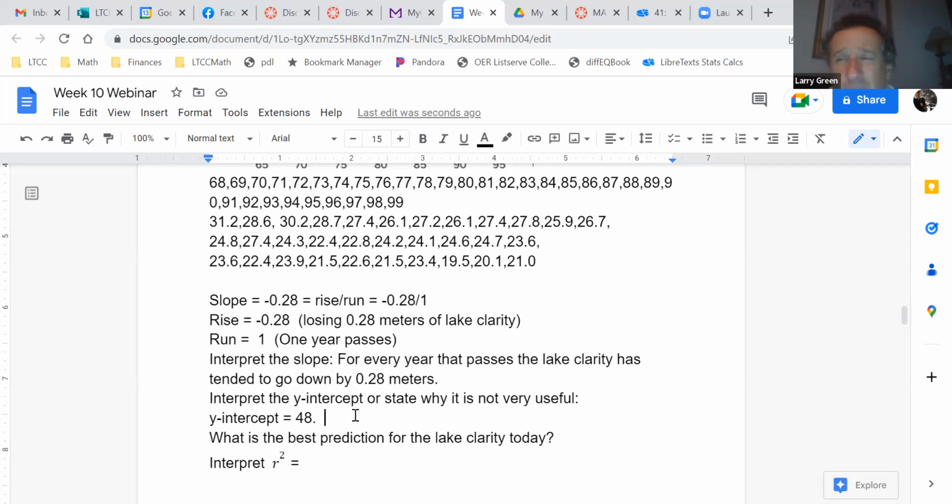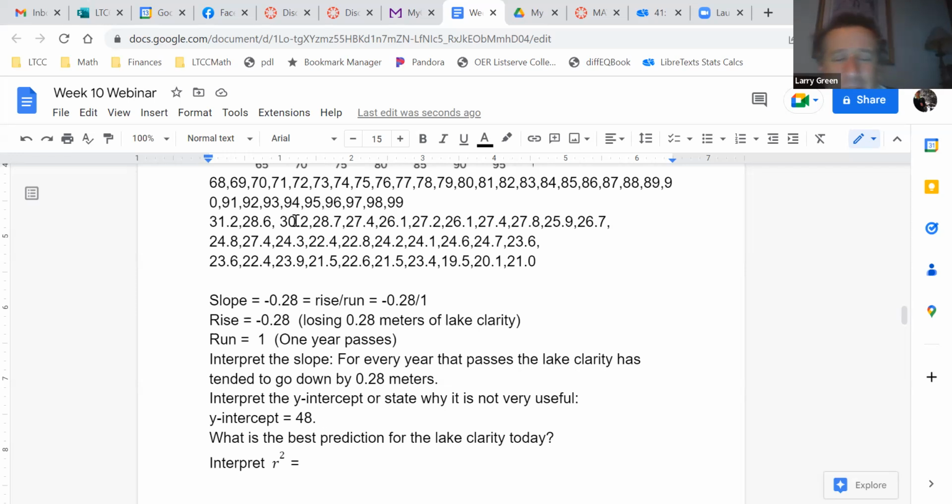Okay, now hopefully you remember from your basic algebra that the y-intercept is the value of y when x is 0. Well, when x is 0, that was the year 1900 in this case, because this is how many years after 1900? And 0 years after 1900, hopefully you know, is 1900. And that's like nowhere in the vicinity of the data that was collected.